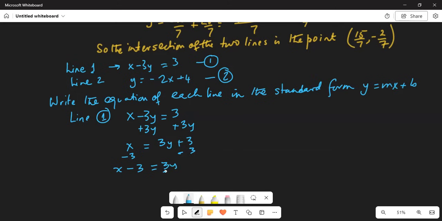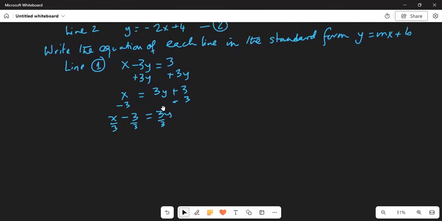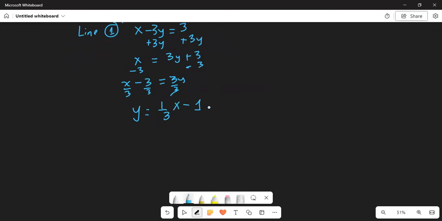Okay. Now I will divide by 3 on both sides. And this 3 and this 3 will cancel. So y equal to 1/3 x minus 1.